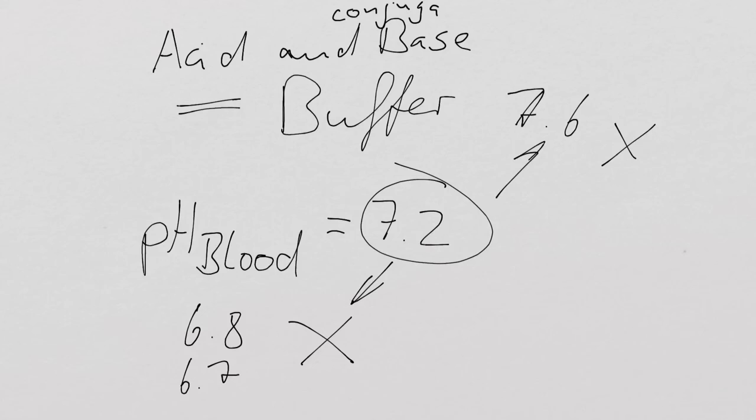Likewise, you can make your blood more alkaline very easily, because as you earlier said, we have a fantastic buffer system in the blood.